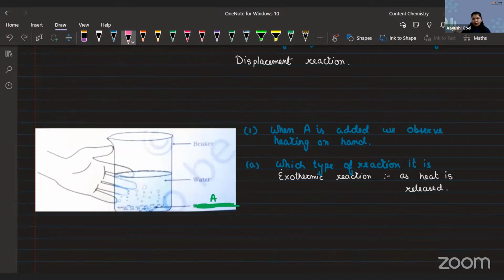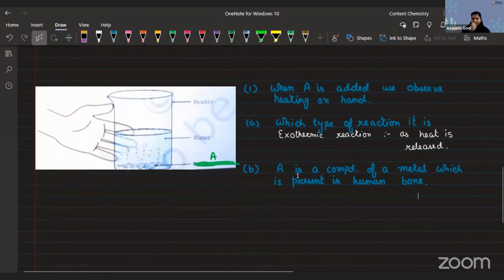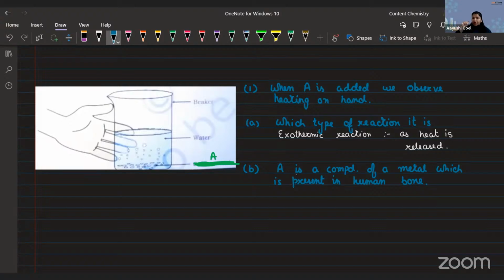Let's go with the next answer. So if we ask you the second question, what is the second question I'm framing here? B part. A is a compound of a metal which is present in human bones. First thing. Now the second thing here, what we are doing. Now I'm creating a proper paragraph here. Understand how they are going to ask you a proper paragraph type of question. So A is a compound of a metal which is present in human bones.